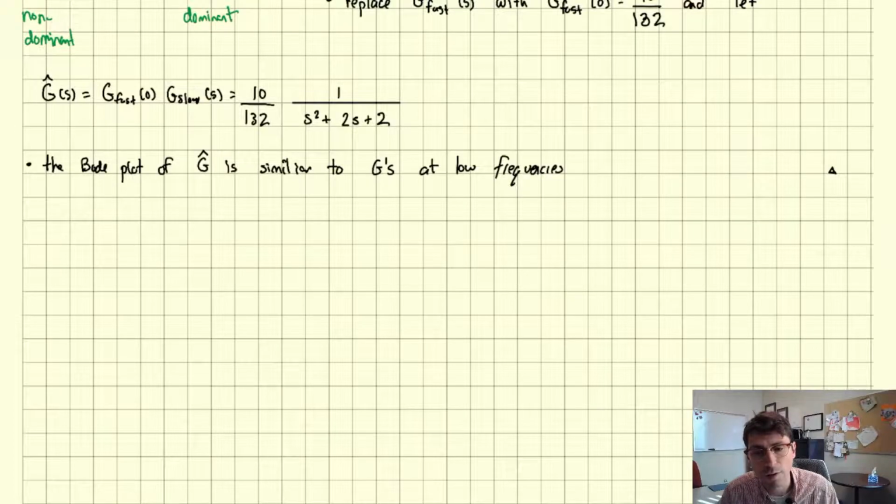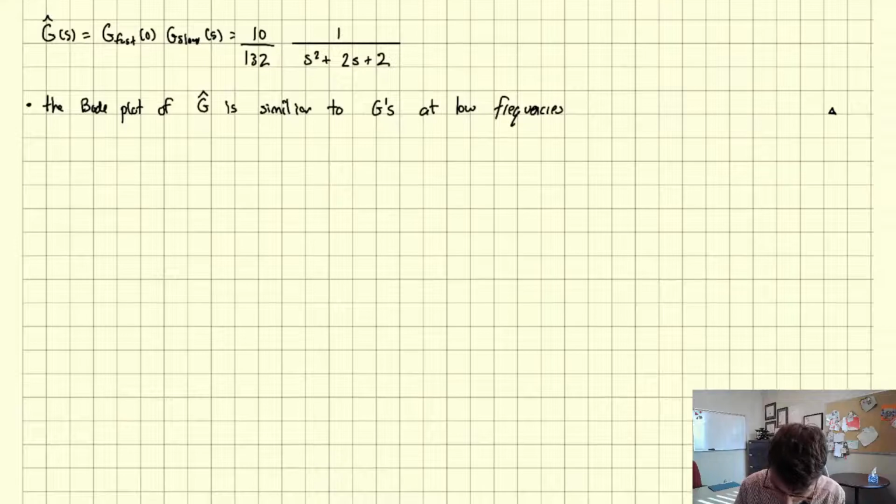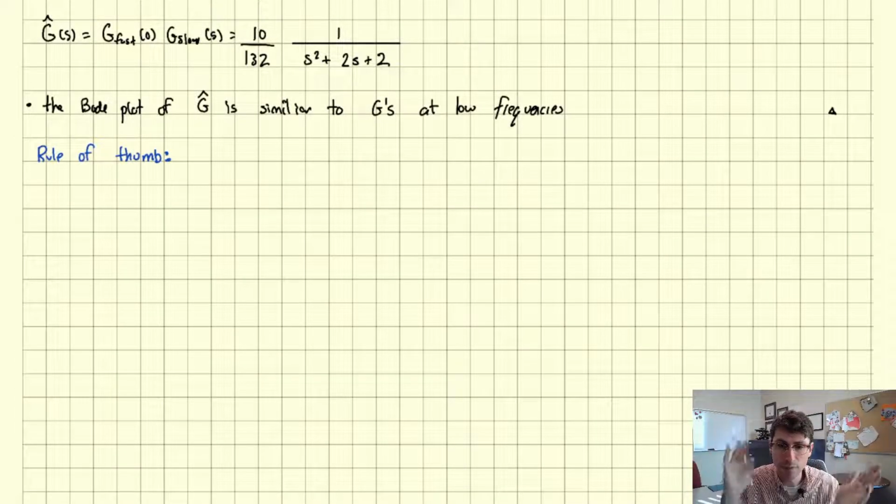Let's generate a rule of thumb. What can we reasonably expect of these timescale separations? And of course, this is a rule of thumb, very much application dependent on what you need, but a good rule of thumb is if you've got like a 5 times difference. Let me draw a picture and then explain the rule of thumb.